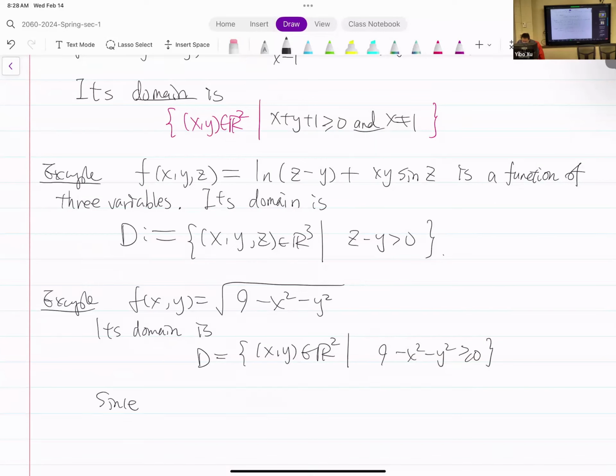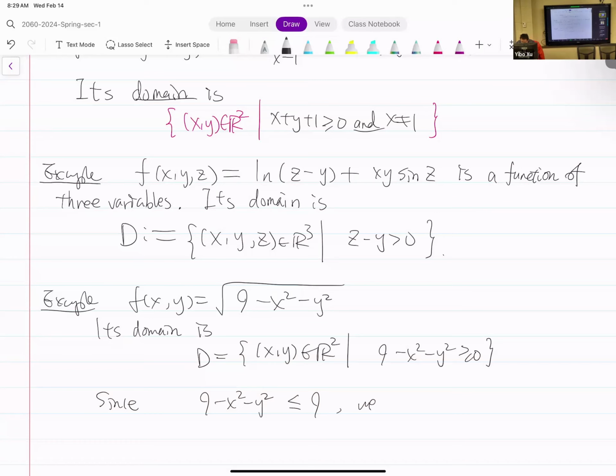And now let's think about the range. Not only do we know that the input here is non-negative, but we also know that it has a maximum, right? The input of the radical, 9 minus x squared minus y squared, is less than or equal to 9, right? Because we are subtracting squares.